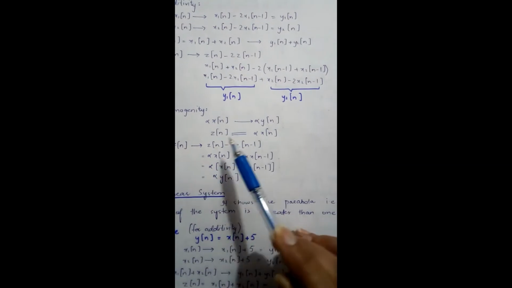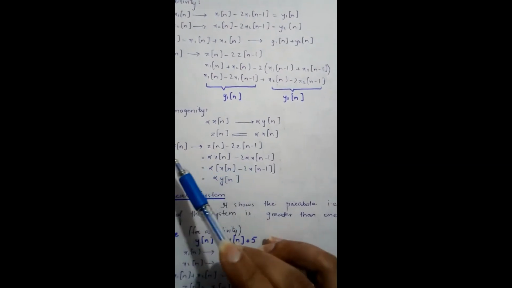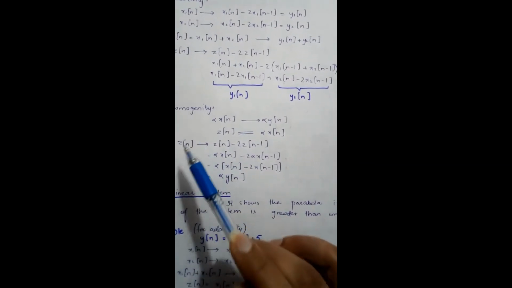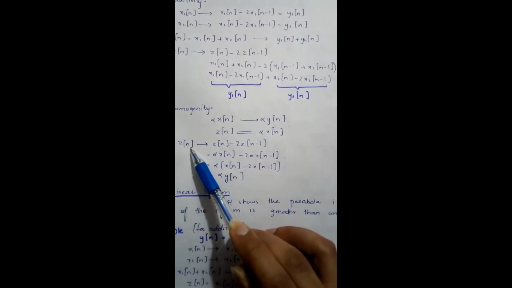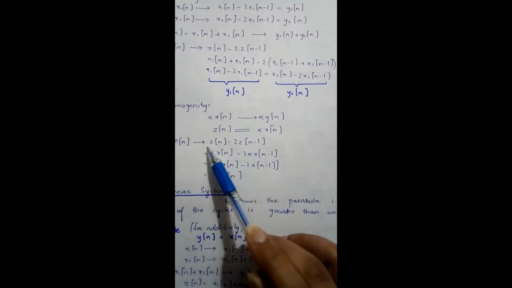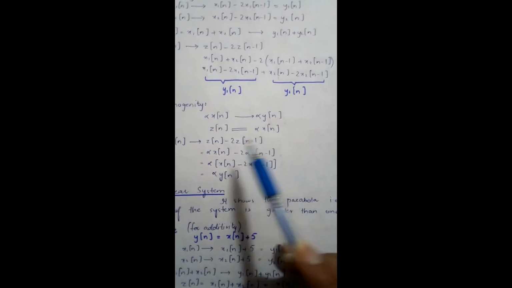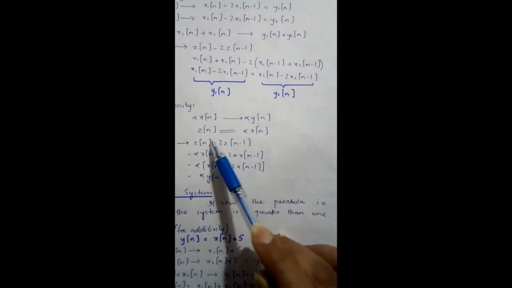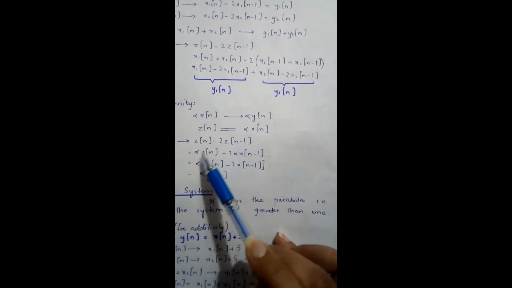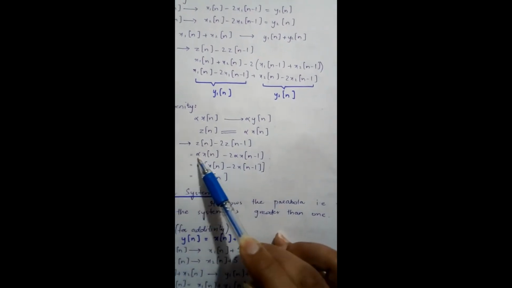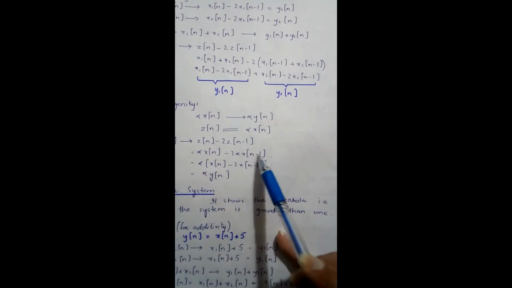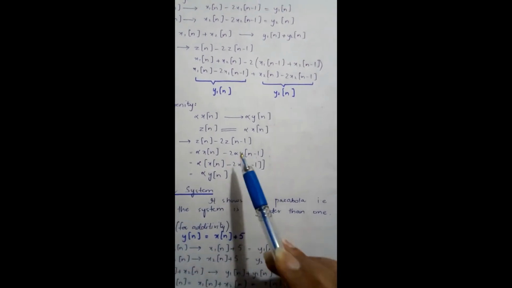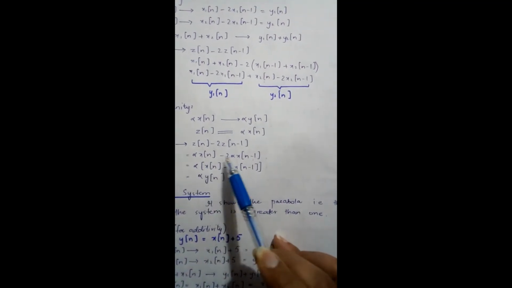So z of n, if we consider this as the input, and we apply this input to the system, it will create an output, that is z of n minus 2 z of n minus 1. So z of n is equal to what? Alpha x of n. If we put z of n here, then the equation becomes alpha x of n minus 2 alpha x of n minus 1. So now take alpha common.